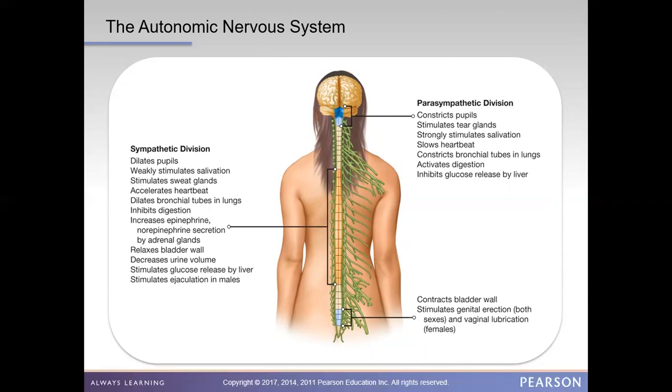When we think about our sympathetic division, think about things like dilating our pupils, relaxing our bladder wall. When we think about parasympathetic, constricting the pupils, digestion begins to function normally, our bladder contracting. So these two things sort of work in opposition to one another.